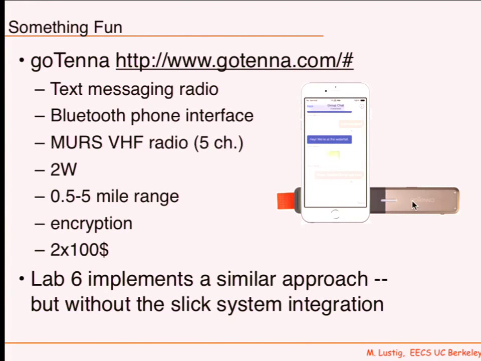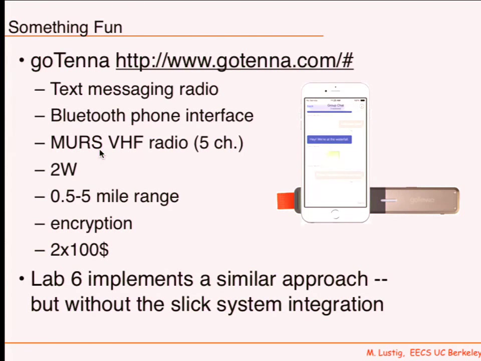So this device allows you to communicate over about 0.5 to 5 miles, depending on line of sight, with other people with the same device. It establishes a kind of ad hoc network. It operates on MURS, the multi-use radio service, an unlicensed band in the VHF, and you'll know what VHF actually means, at about 150 megahertz.